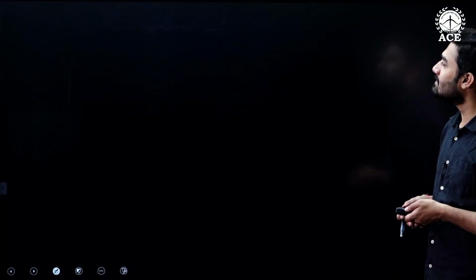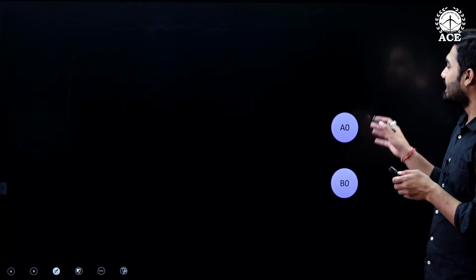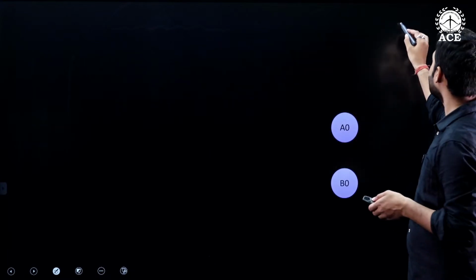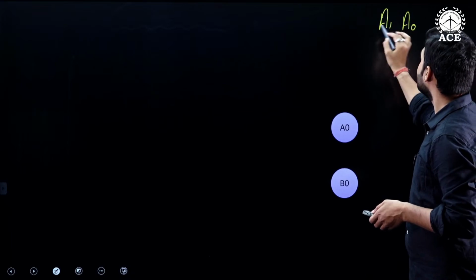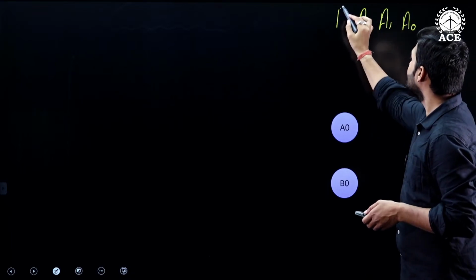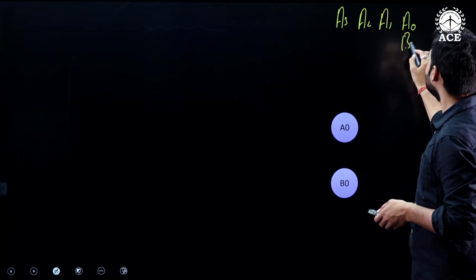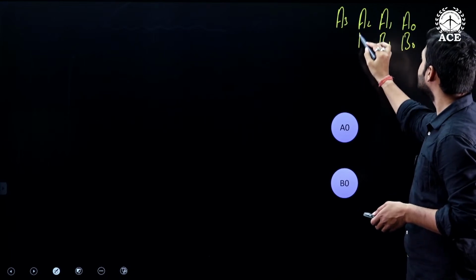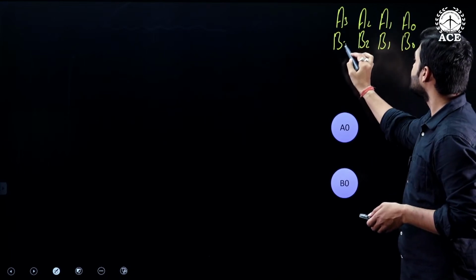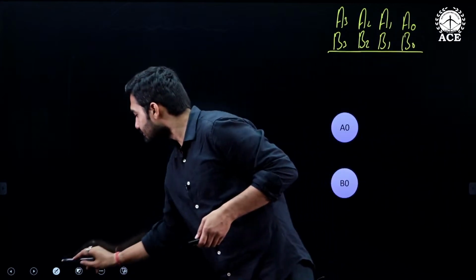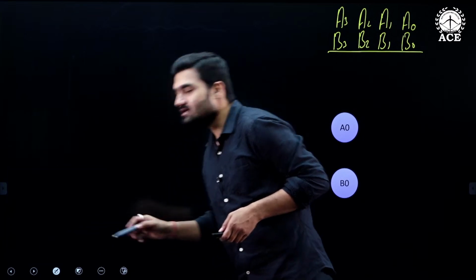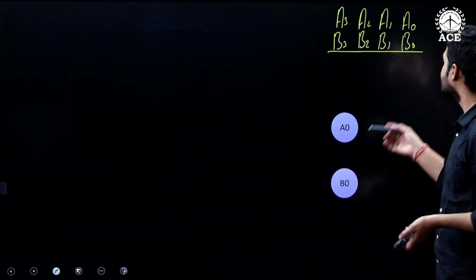Okay, fine. Now this is the animation part of adding these bits. I told you A0, A1, A2, A3, B0, B1, B2, B3, right? So it will produce something. This thing only I am going to show you in the animation. Nothing new.